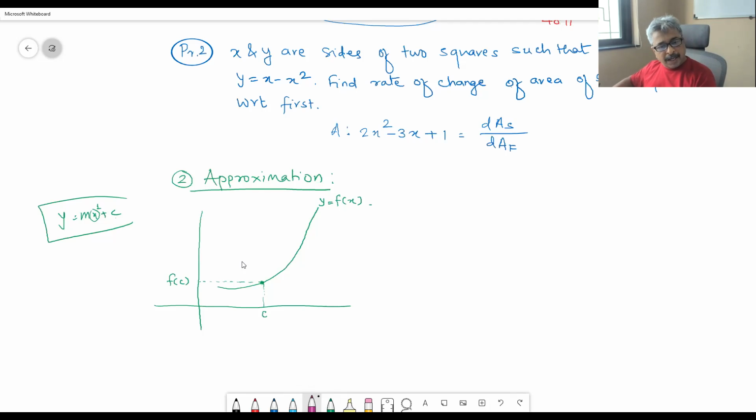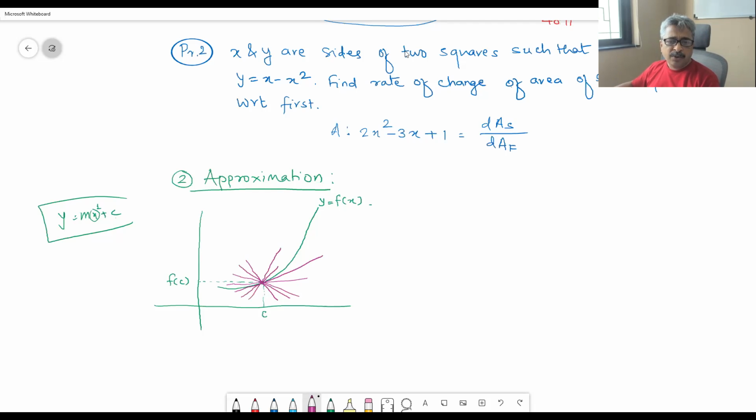Now, as we know, of course, that straight line needs to pass through C, and there are infinitely many straight lines which can be drawn passing through C. Okay, I have drawn a few.